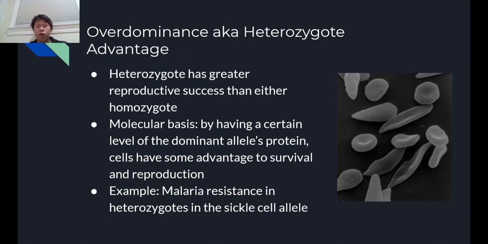But if you live in a place where malaria is endemic, and you have the sickle cell allele, but just one of them, not 2, then you're actually going to have a better chance of surviving, because the malaria parasite will go into your red blood cell, but your cell will also basically lyse once that happens, and it'll give you essentially immunity to malaria. But if you are homozygous for not having the allele, then you don't have that. So that's why the heterozygote is actually advantaged in reproduction and survival.